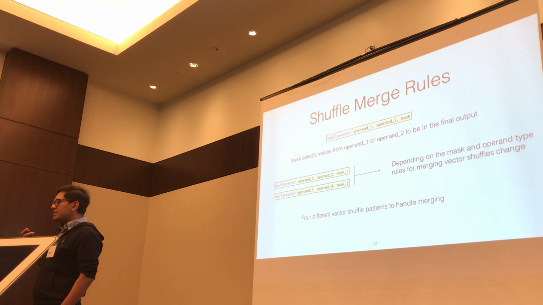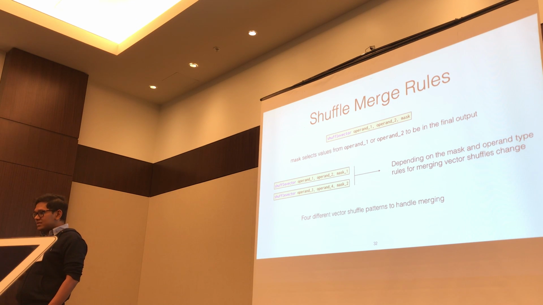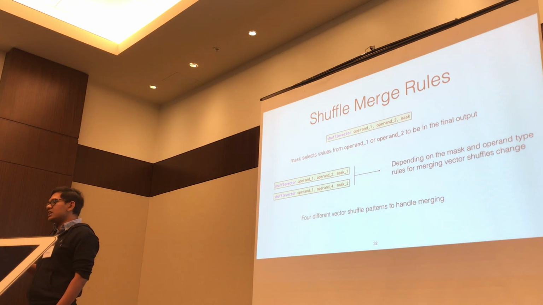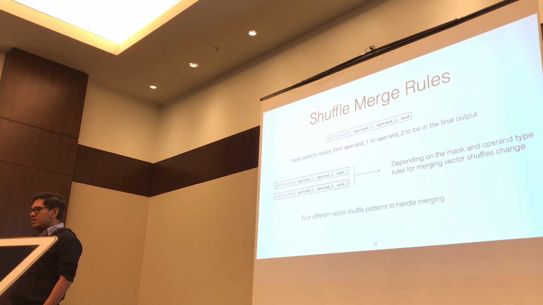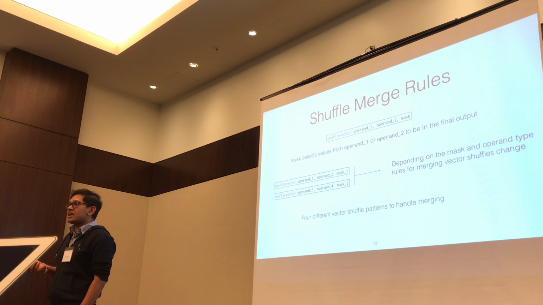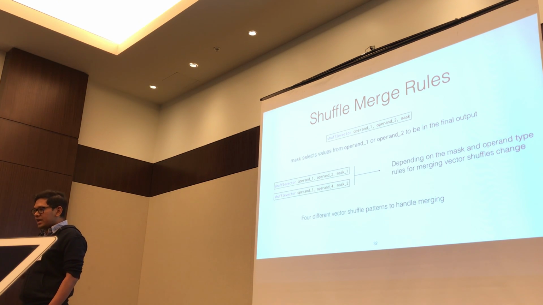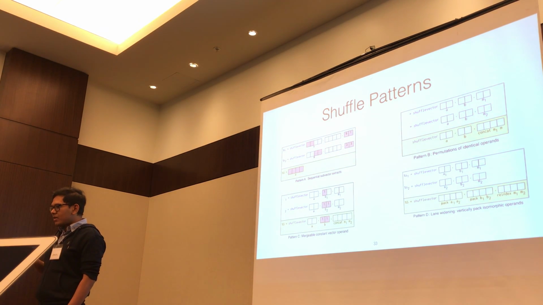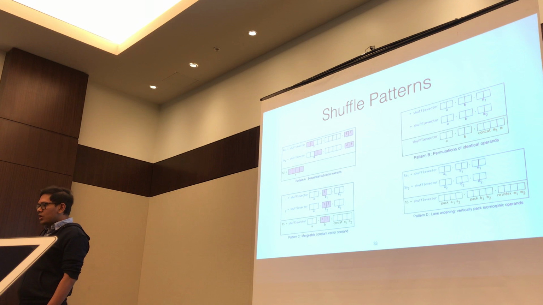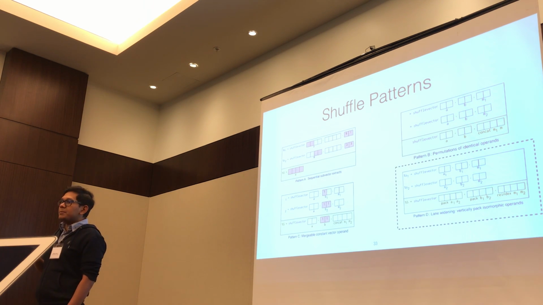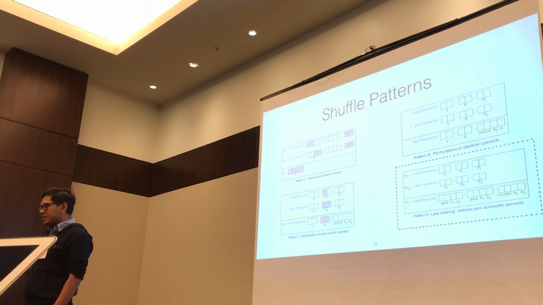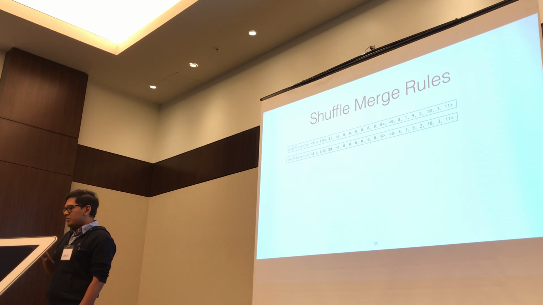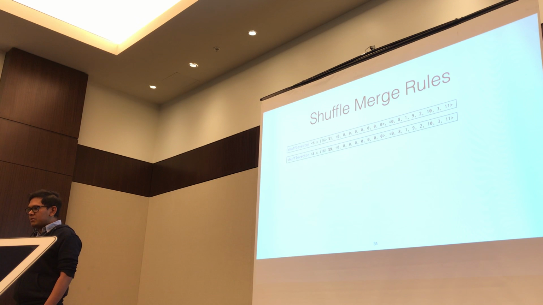In particular, this merging depends on the mask types as well as contents in each of these operands. And we define 4 different shuffle vector patterns that can handle almost all cases in the examples that we have seen. And I will only go into one vector pattern that applies to the running example of this talk. So let's look at the two shuffle vectors that were in the slides.